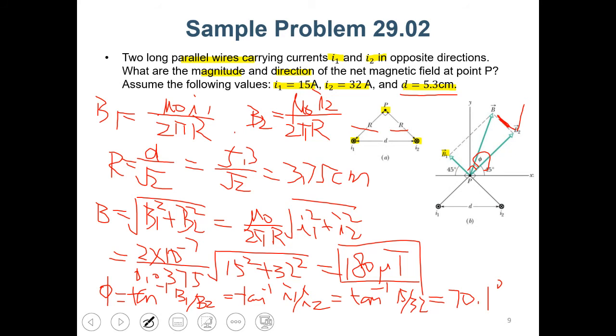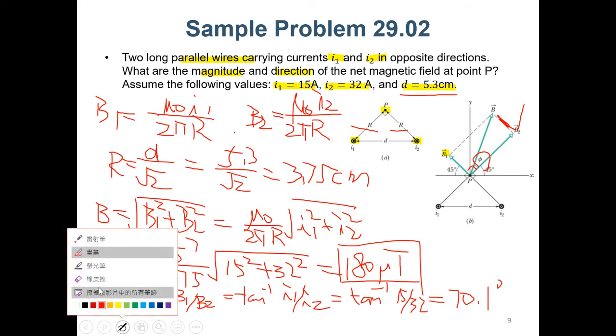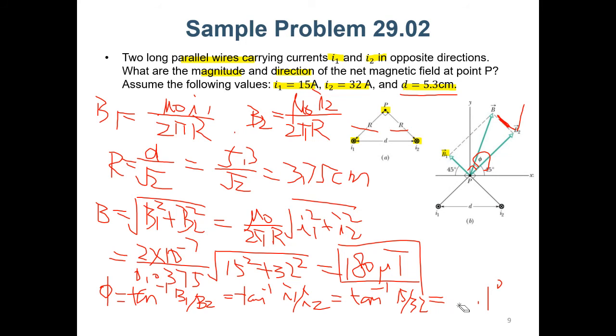No, not really, not 71. It should be 25.1 degrees. Very strange. 25.1 degrees.